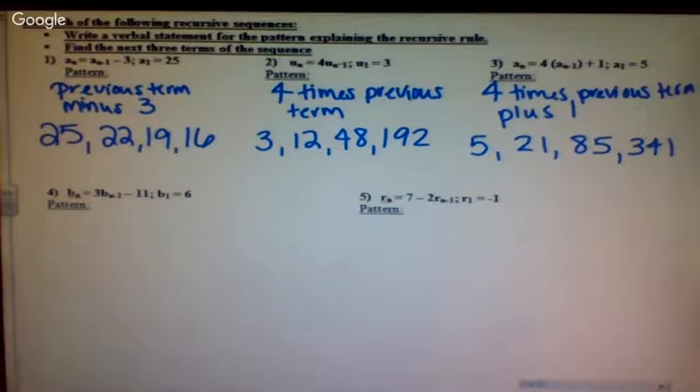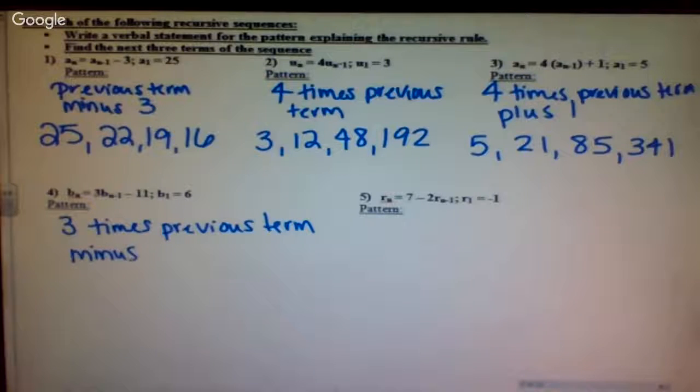Number 4. What's that telling me? So 3 times the previous term minus 11. We start at 6. 7.